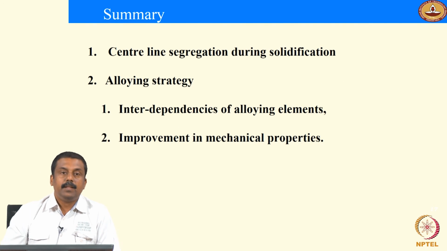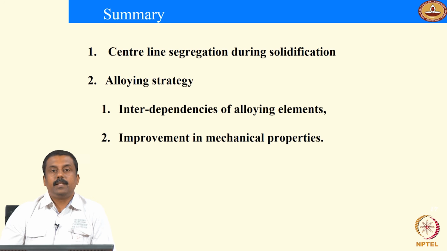So to summarize, we looked at the centerline segregation of the alloying elements, mainly carbon and phosphorus, and why they are detrimental during welding. And it is important to understand the solidification mode of these steels based on the carbon concentration. If you have a low carbon, you may expect complete delta ferrite solidification.